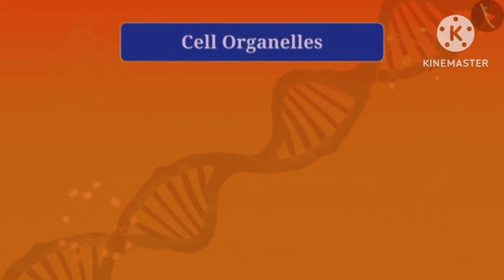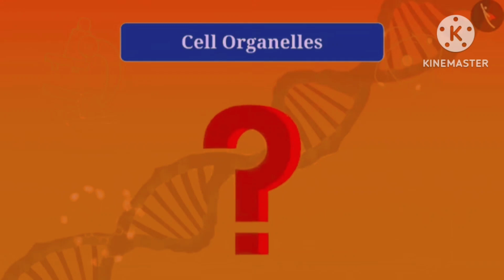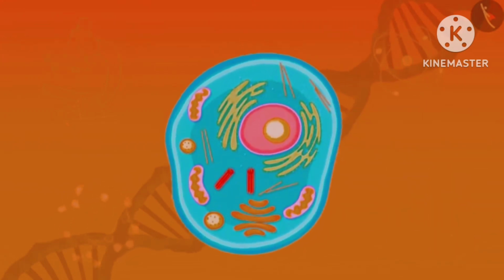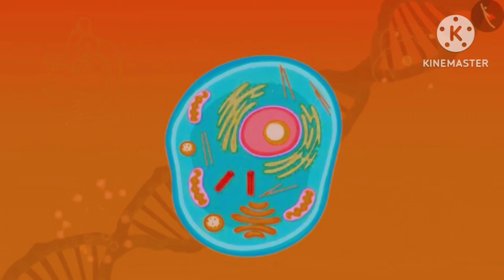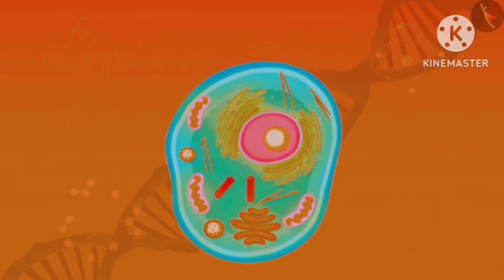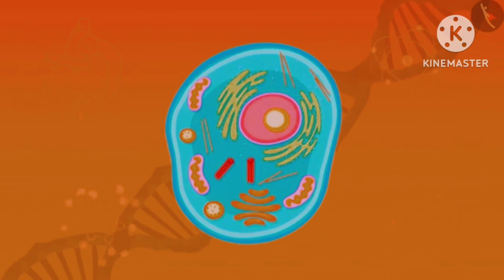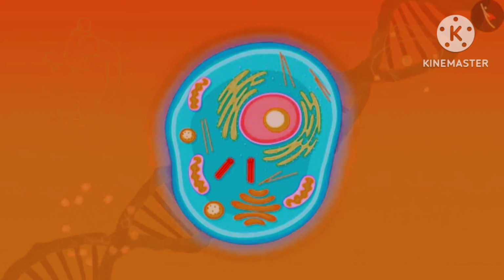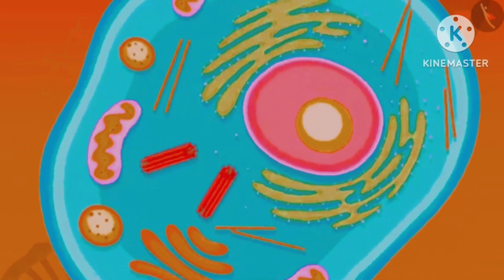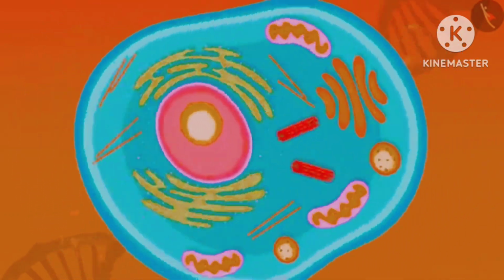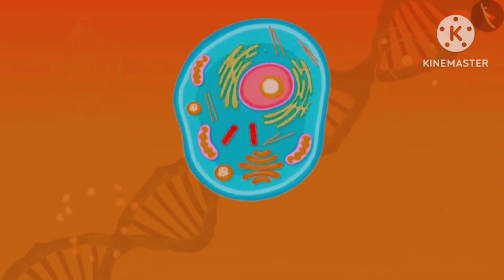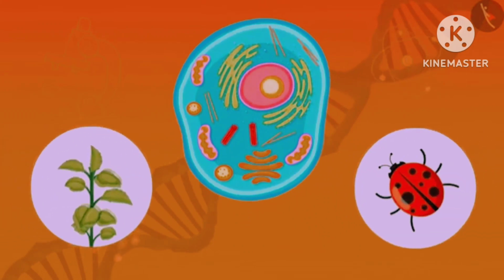Friends, do you know what cell organelles are? Yes, we will learn about the parts found inside the cell and their functions. All eukaryotic cells use small membranous structures called cell organelles to perform their metabolic or chemical reactions and help in work done in the body of multicellular complex structures such as plants and animals.